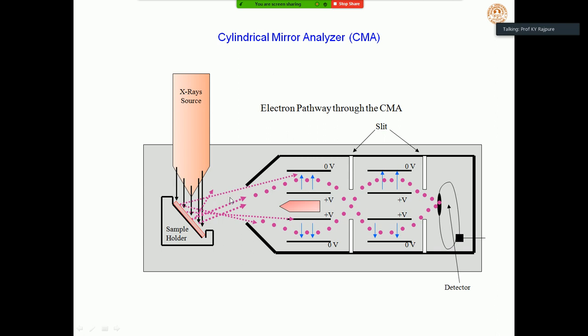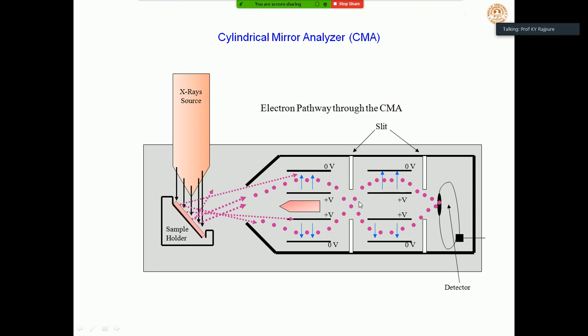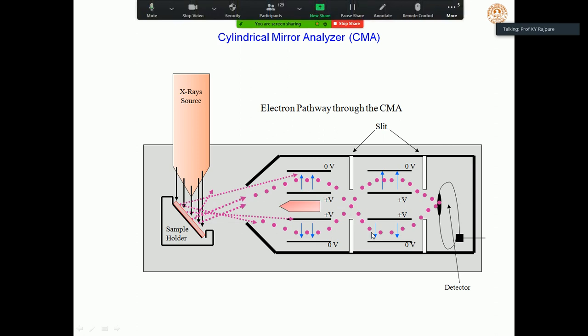So the electrons, when they are flowing towards the detector, will be repelled by the outer cylinder because it has 0 volt, and they will be attracted towards the inner cylinder. Now, depending on the locations of the slits and the applied bias, the electrons having one particular energy can be allowed to fall on a detector.